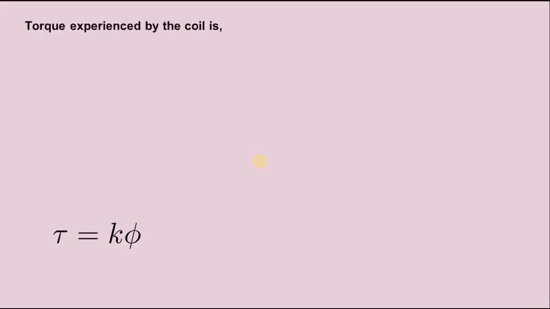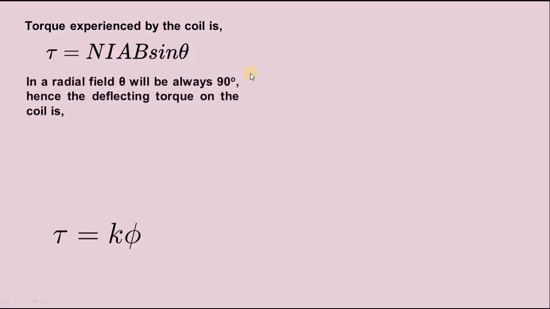The torque acting on a rectangular coil placed in a magnetic field is given by NIAB sin θ, where N is the number of turns, I is the current, A is the area, B the strength of the magnetic field, and θ the angle between the normal to the plane of the coil and the magnetic field. For a radial magnetic field, θ is 90 degrees and hence sin θ becomes 1. Then τ is equal to NIAB.